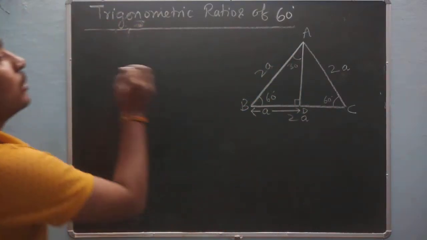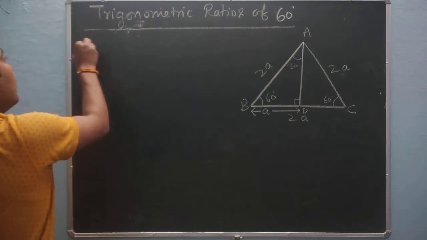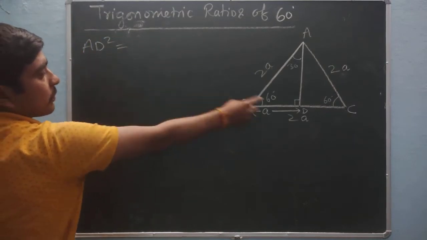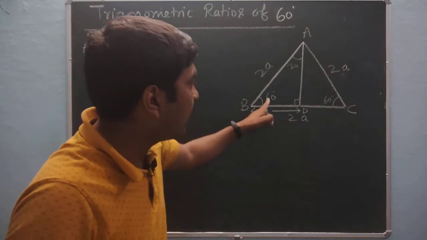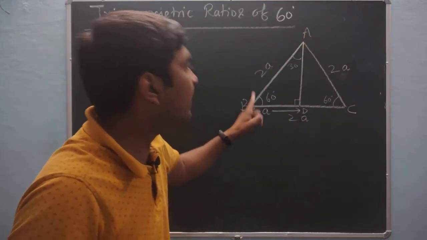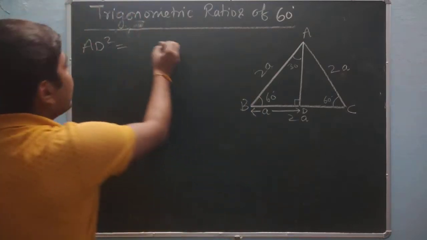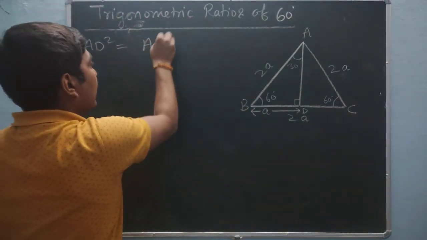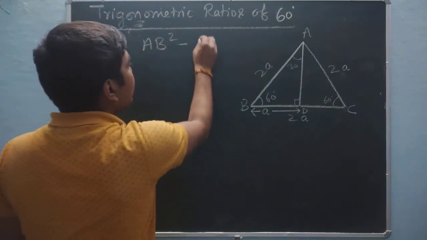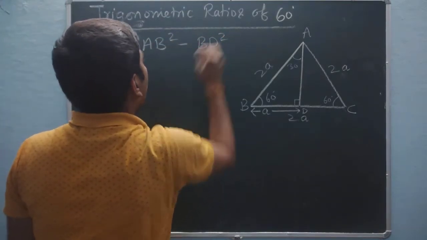Now AD will be perpendicular for this triangle ADB. So AD square will be equal to AB square, that is the hypotenuse, minus BD square, that is the base.